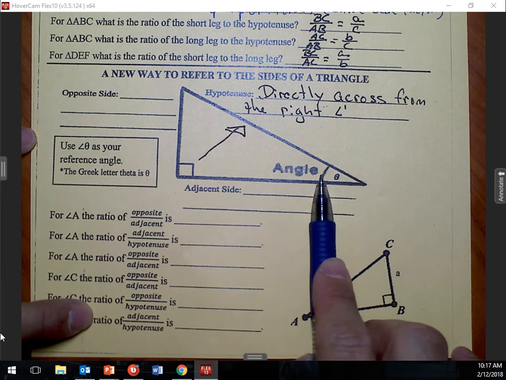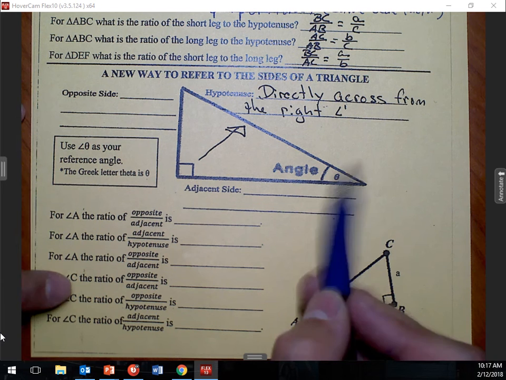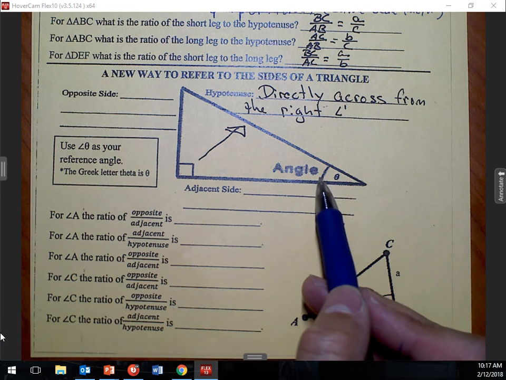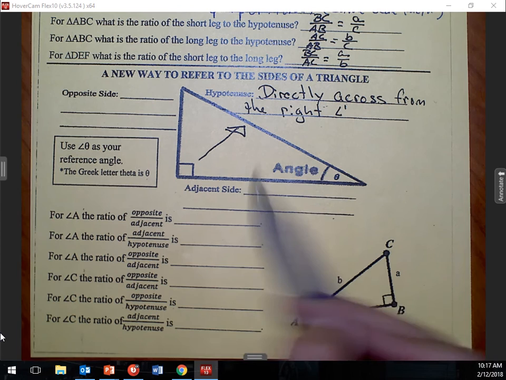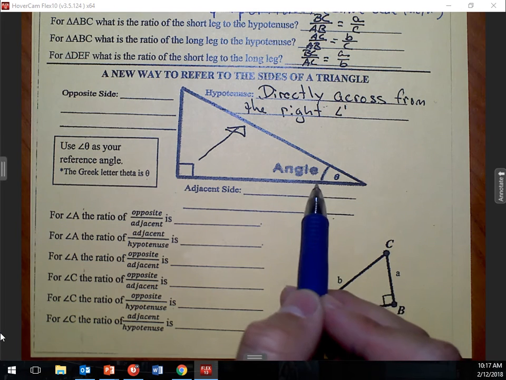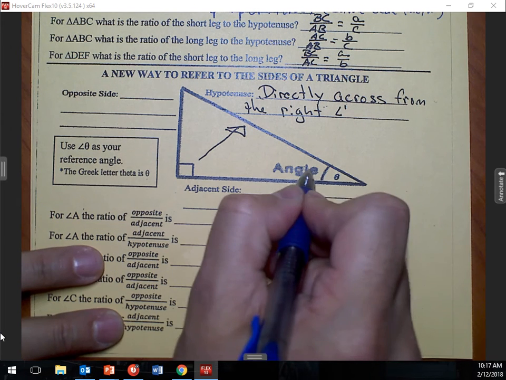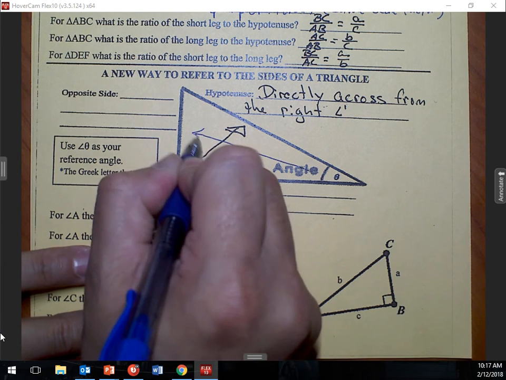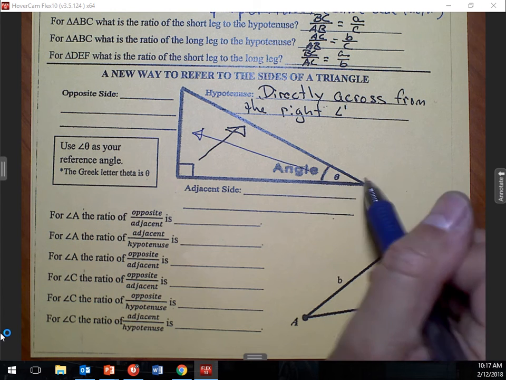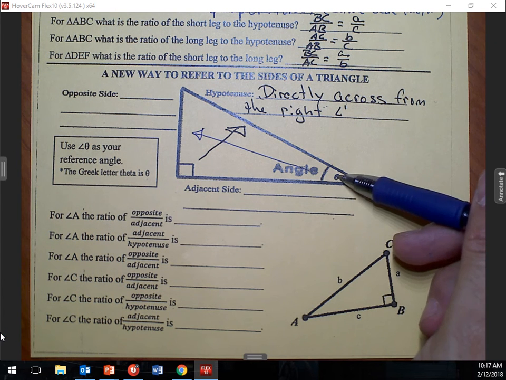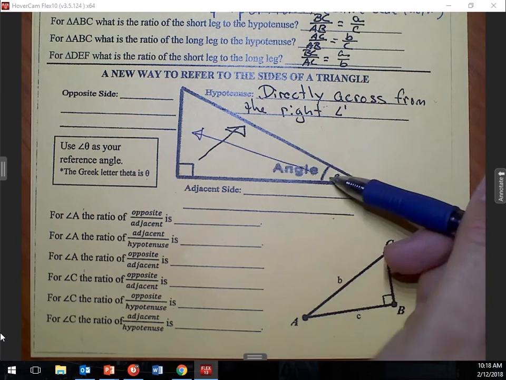So the opposite side, okay, this refers to my angle. If my angle is my starting point right here, my angle theta, opposite is going to be this way. I cannot do a reference until I get a starting point. So this is my reference angle. Across from that is going to be opposite.